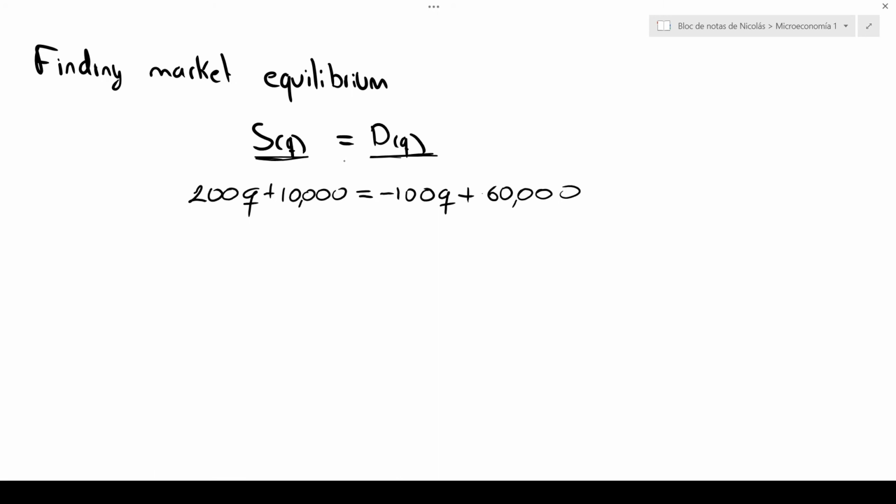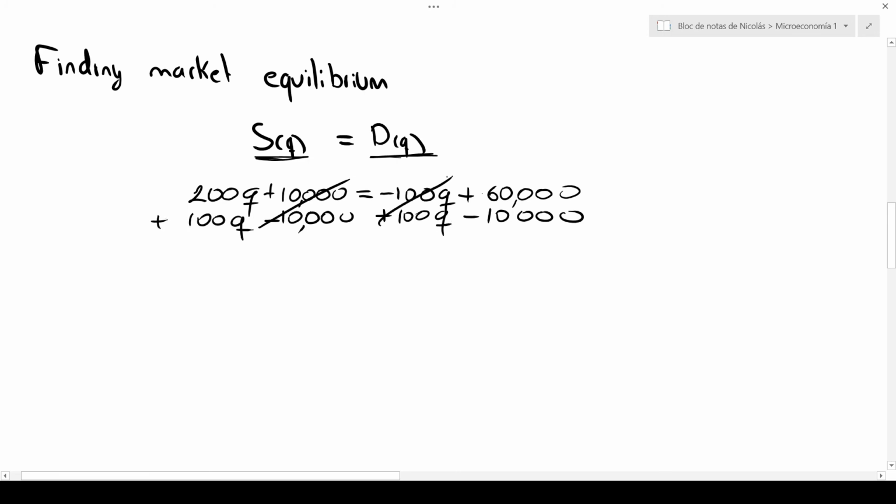The quantity of equilibrium is, this is minus 10,000 at both sides. We can add 100Q here and add 100Q here. Rule out this, and this will give us that 300Q is equal to 50,000.